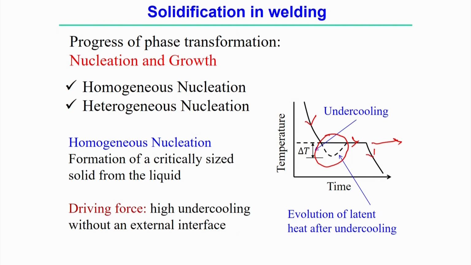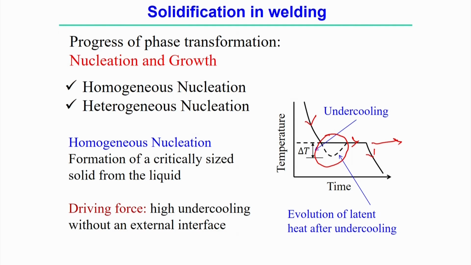But of course, this undercooling is achieved at a very local position within the pool of liquid metal. Several points can be locally undercooled, and once a point achieves the undercooling, it starts the nucleation process. So, this type of nucleation process is known as the homogeneous nucleation process.